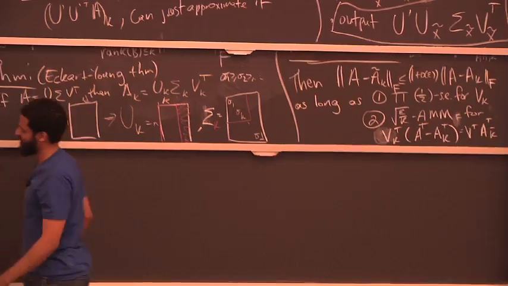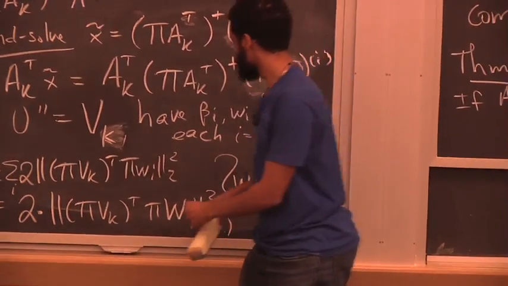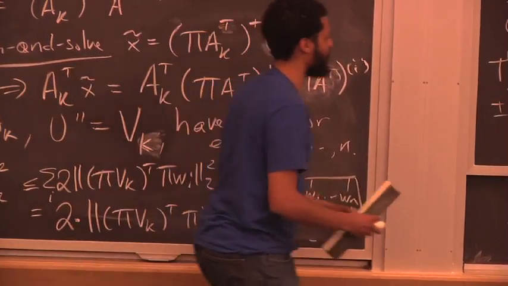Right, and the point is, by the fact that I have my root epsilon over k AMM, maybe I should just write that.